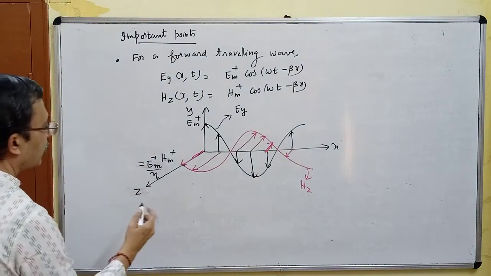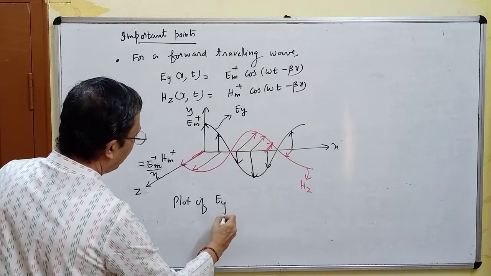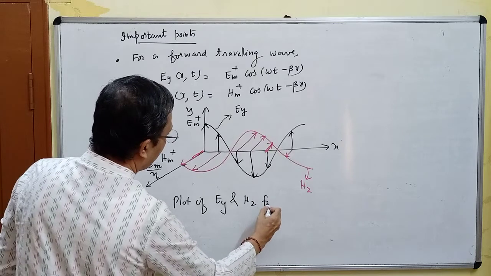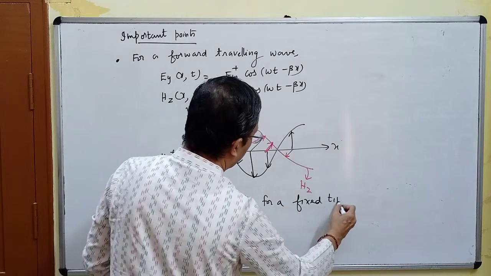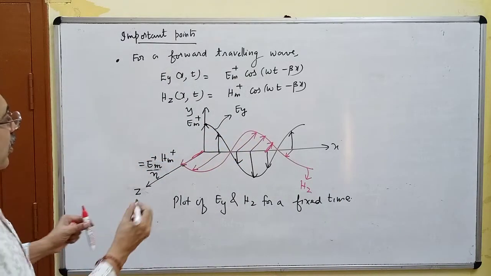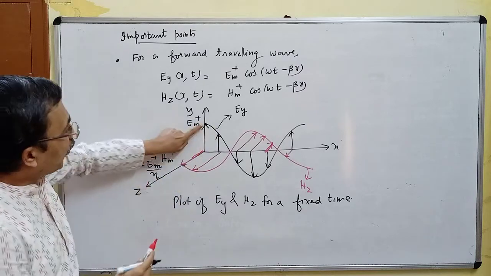This is the plot of Ey and Hz for a fixed time. See, for example, you focus on this point. At t equal to 0, this point is here.